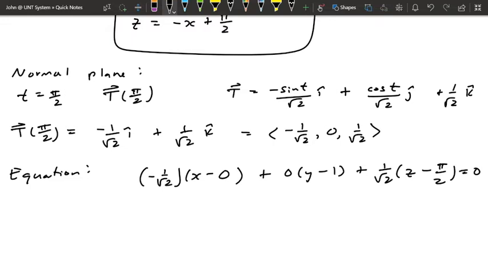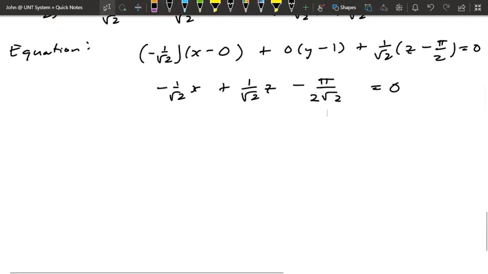Simplify it. And again, that's an okay answer.